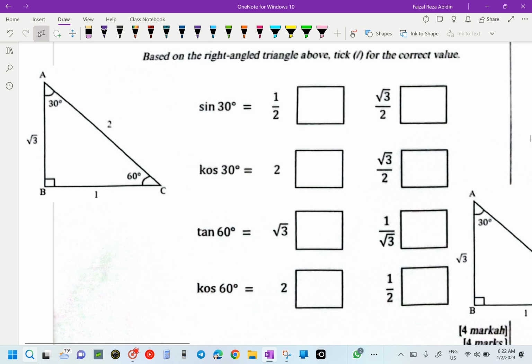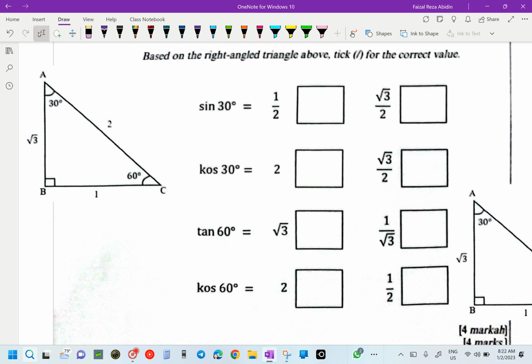This one above, I have put it beside. We are going to tick only. This one is supposedly not in section B, but section C. So easy. Okay, no problem. So we are going to look over here for our trigo.